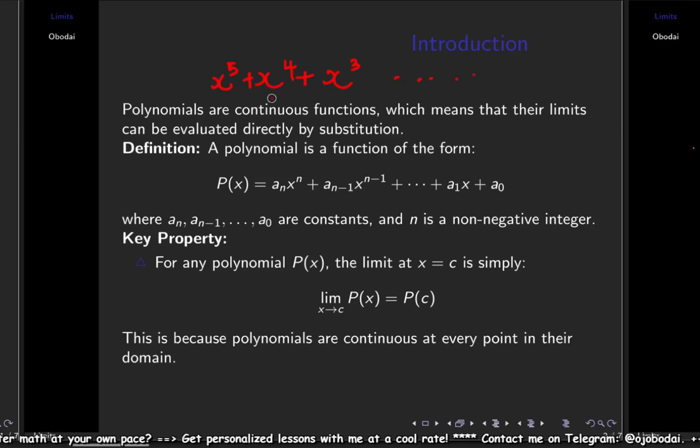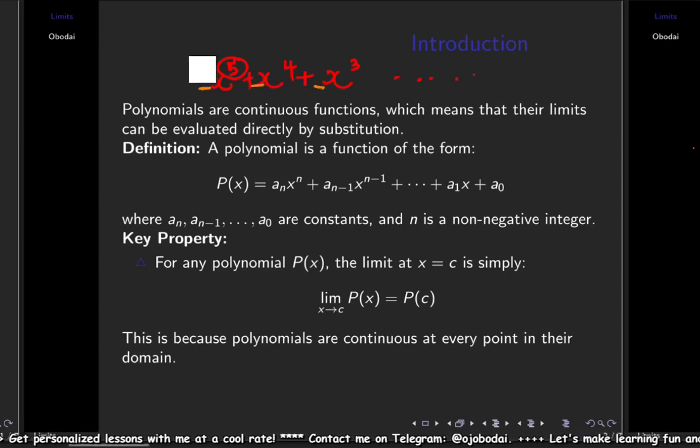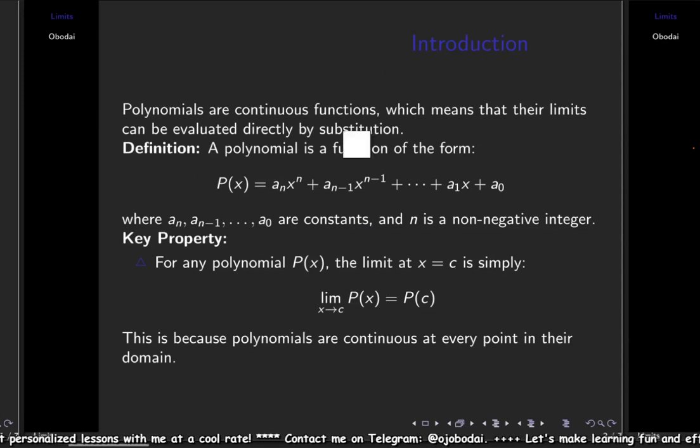All we want to say is the power you have over here should be decreasing as you move along, and there should be coefficients over here as well, right? So this is just an overview of polynomials. You can just pause and read through all this if you really want to know what polynomials are.